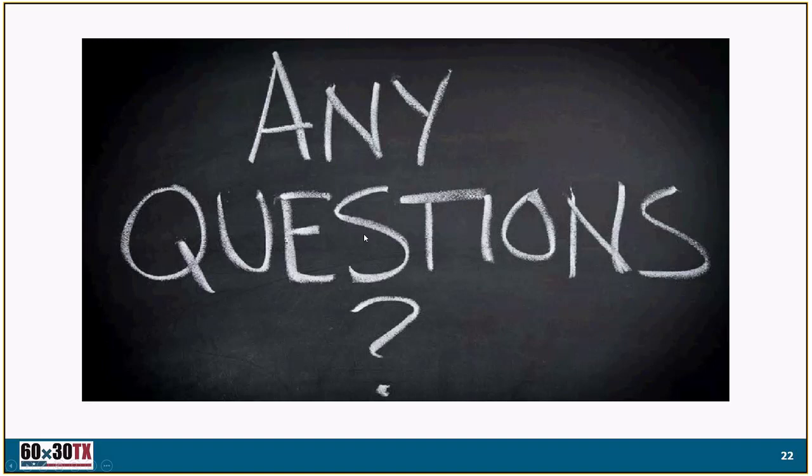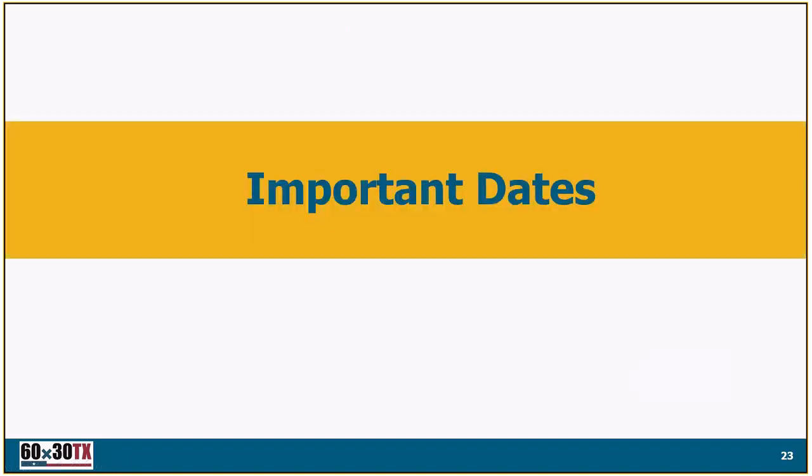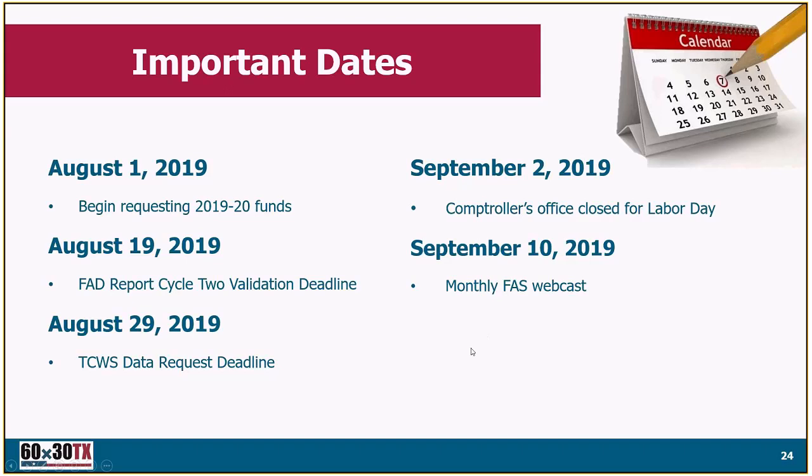Obviously, I can't ask if anyone has questions because this is a re-recorded webcast, so I'll just keep moving. But important dates. August 1st, I mentioned you need to start requesting money. We opened the grant payment system, so please submit those through.